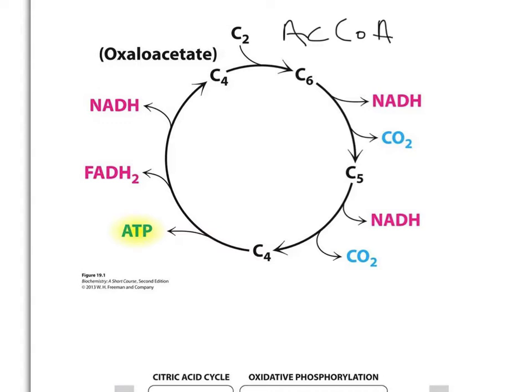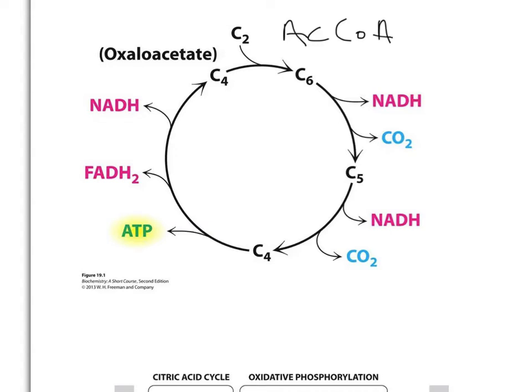Each of those became pyruvate, and each of the 2 pyruvates that came from glucose created an acetyl-CoA. So one round represents half of the glucose, and the other round is the other half.